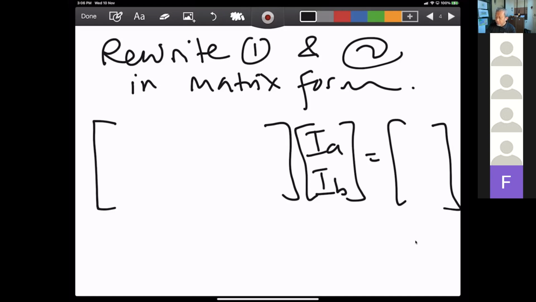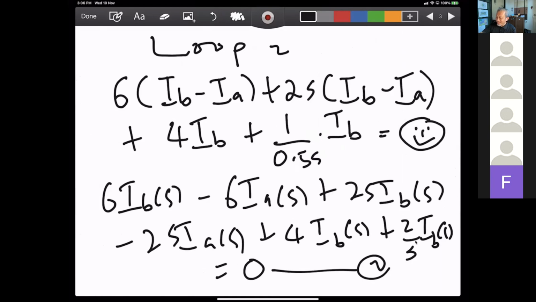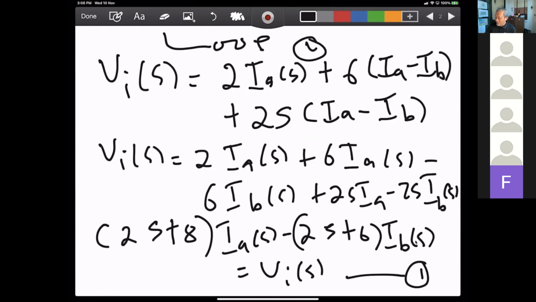Matrix. What's the number before, doctor? I didn't write it down. Two. This one: 2s plus 8.